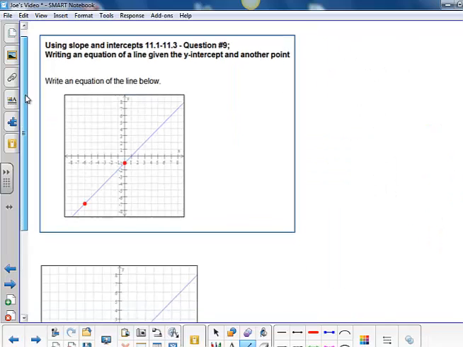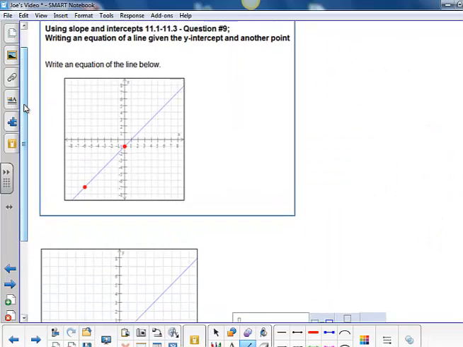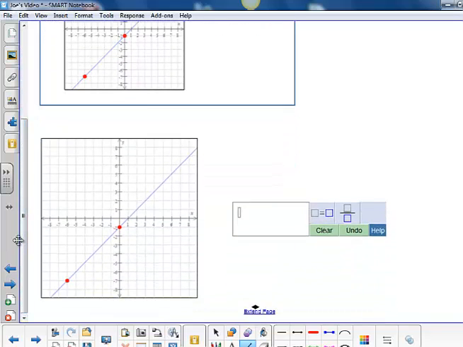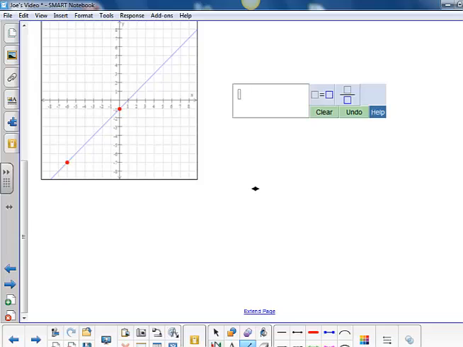Okay. Number 9 you also struggled with a little bit, it looks like. You're going to use the slope and the intercepts to write an equation. So let's do that. Remember that I can write an equation in slope-intercept form: y equals mx plus b.